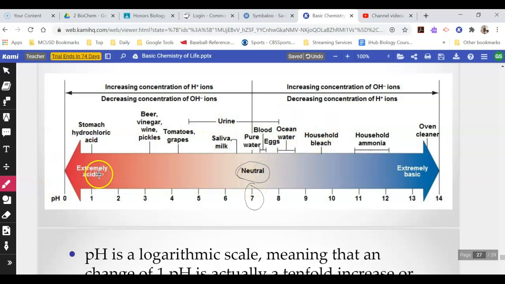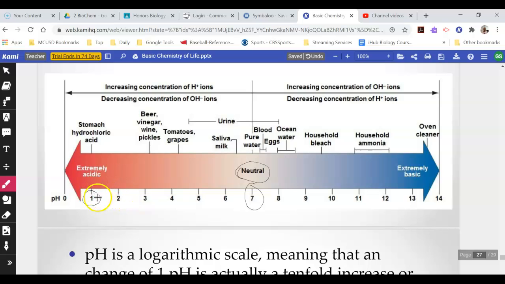And then something that's extremely acidic and can actually harm you would be something that has a pH down at 1. One thing to note is that this is a logarithmic scale, so you might think, well, going from 1 to 2 is not a big deal.